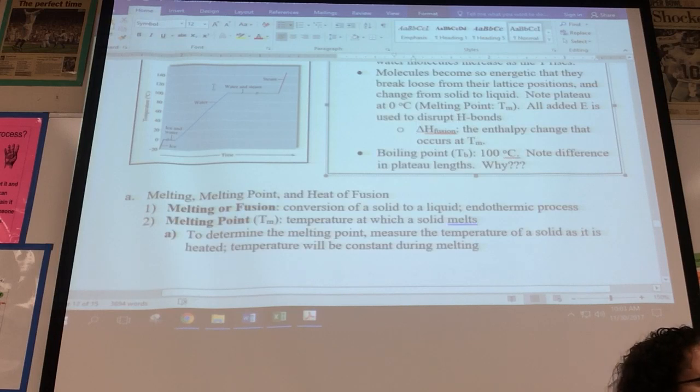The boiling point is at 100 degrees Celsius. Now note, this plateau length is greater than this one. It takes a lot more time to transition from the liquid to gaseous state than from the solid to liquid state. Why?